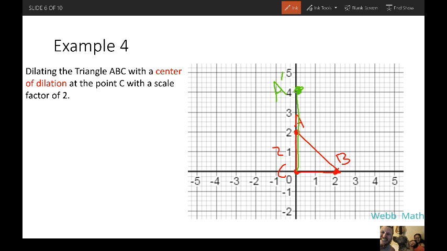Let's look at B. Okay, where's the new B prime going to be? Well, if you notice, the distance between C and B is also 2. And again, our scale factor is 2, so what's twice of 2? That's 4. Twice the distance. So B prime is going to be right there.